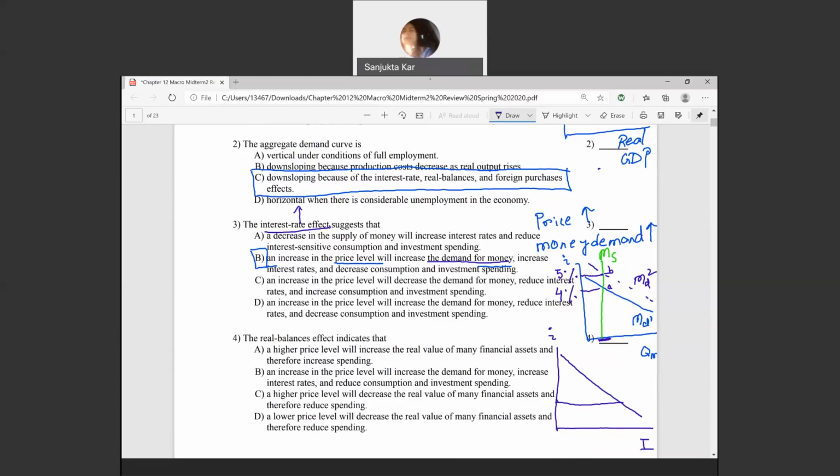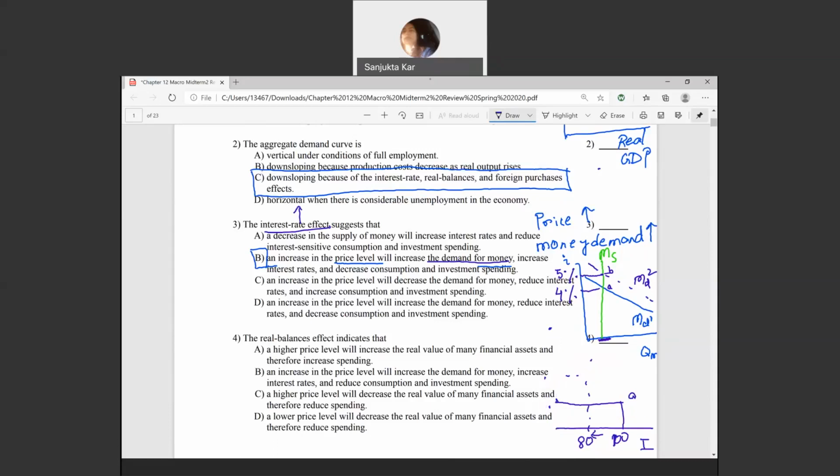Say the interest rate is 4%, quantity of investment is 100 billions of dollars. This is point A. Now the interest rate goes up from 4% to 5%. Amount of investment in the economy goes down from 100 to 80.